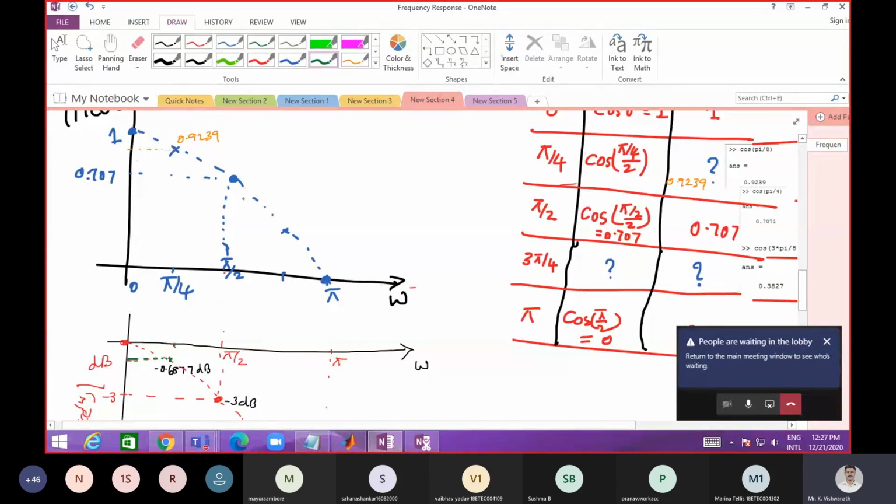Now you can see that it is behaving in a peculiar manner.